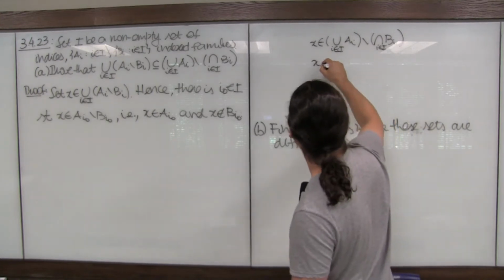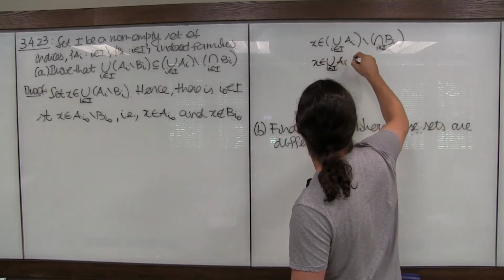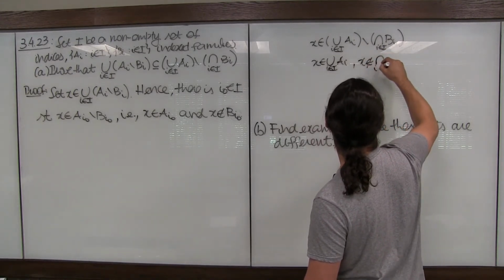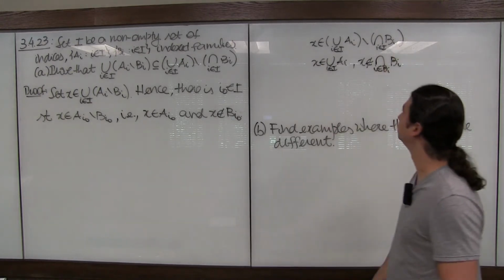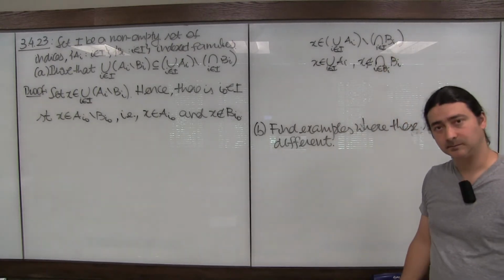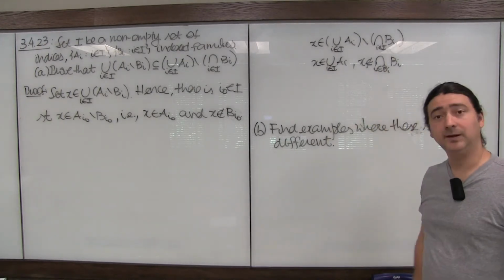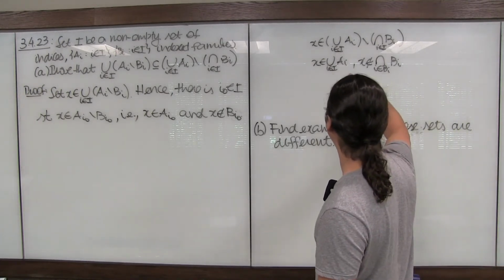I have to have that x is in the union of the A_i's, and x is not in the intersection of the B_i's. Okay? So you have two things to prove. Now, what does it mean to be in these?